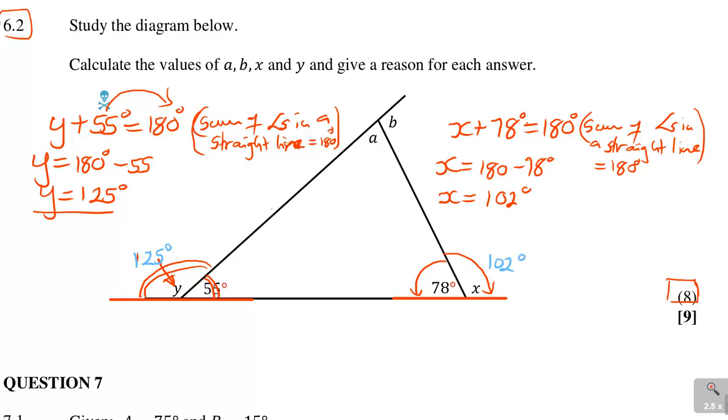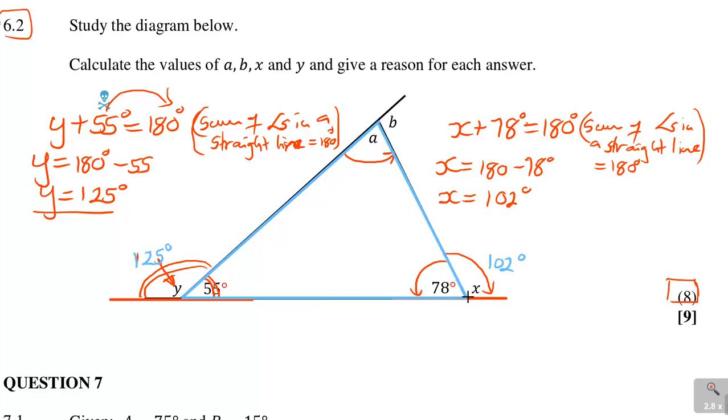Alright, we're getting there. Now the next one we can find is this particular angle. You can see that this is a triangle. So I can use a different line to say this is a triangle, which is that one, which is that one.